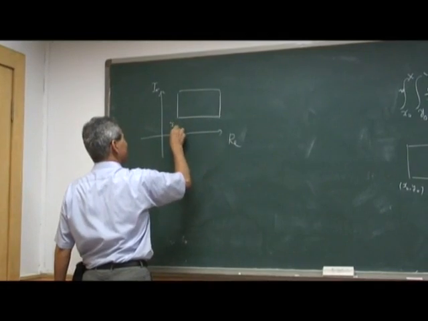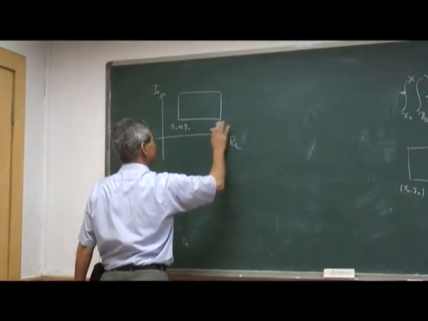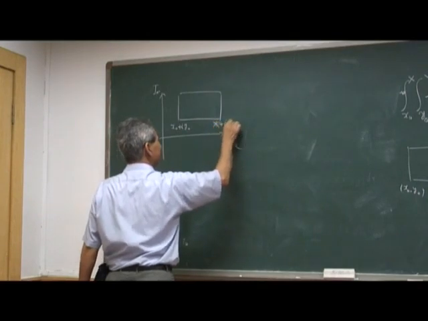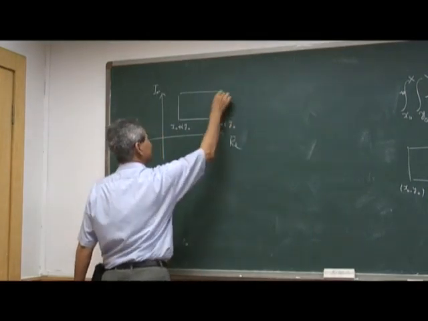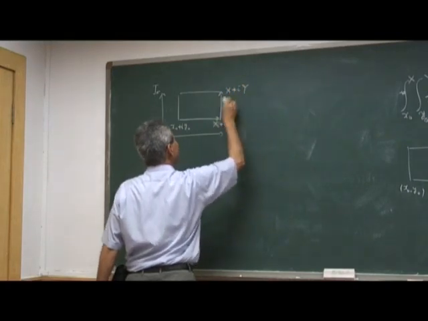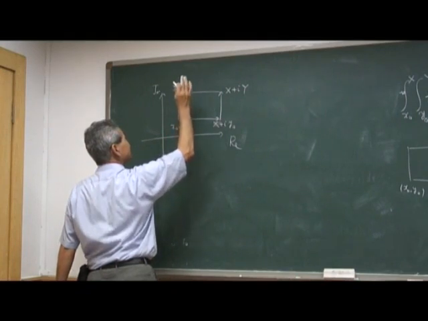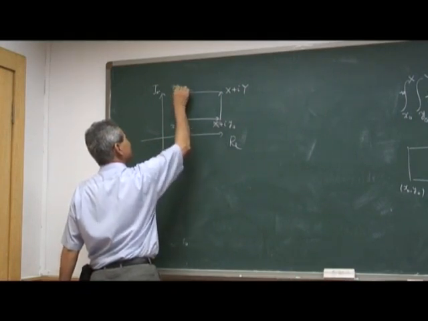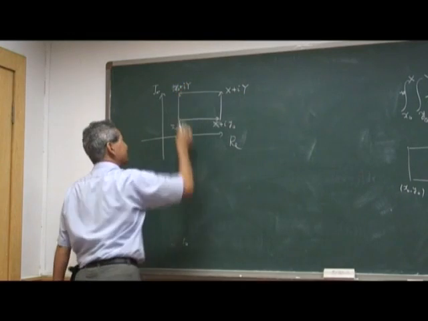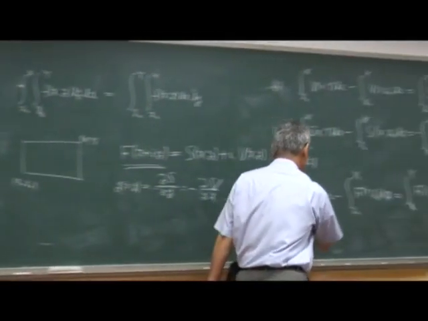So here x0 plus i y0, and here large x plus i y0, and here is x plus i y, and here is x0 plus i y. And then we can easily interpret this part.